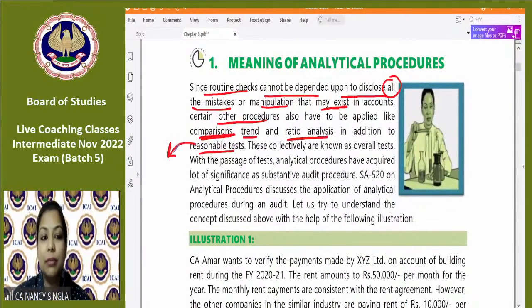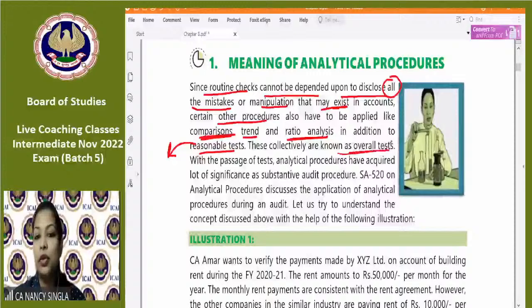See, what is reasonableness test? जो the example that I gave you for salaries ना, कि अगर number of employees इतना है, salary per employee इतना है, तो this is fair enough. इतना amount is reasonable. So that is nothing but reasonableness test. But we'll be doing that in detail when we'll be discussing the various techniques of analytical procedure. These are collectively known as overall test, and analytical procedures have acquired lot of significance as substantive audit procedure. SA 520 deals with it.